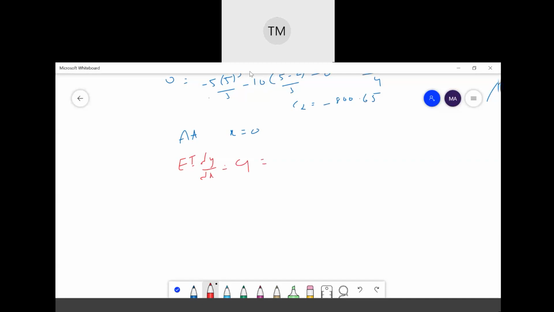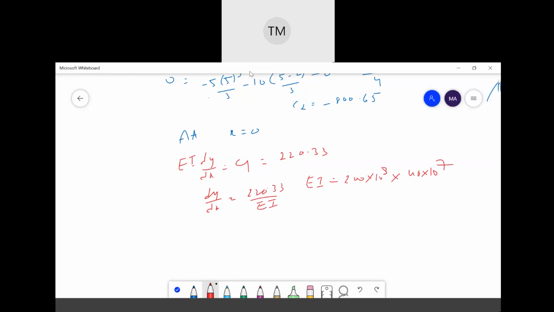The value of C1 is plus 220.33. Then dy by dx is equal to 220.33 by EI. What is the value of EI? The value of EI is 200 into 10 cube into 40 into 10 power 7.